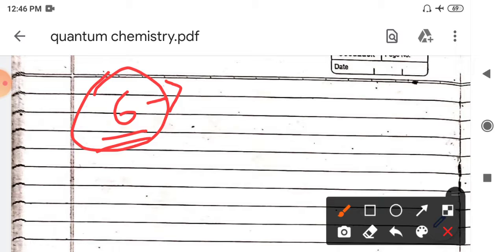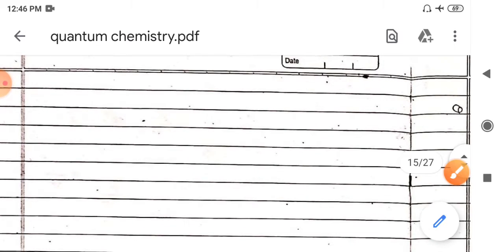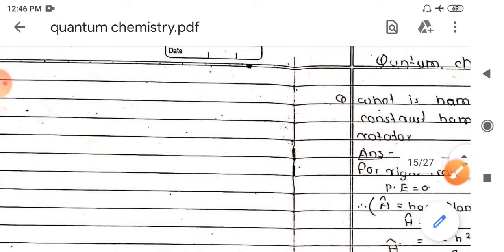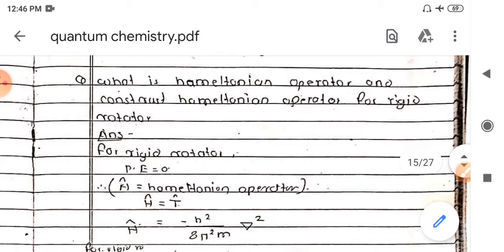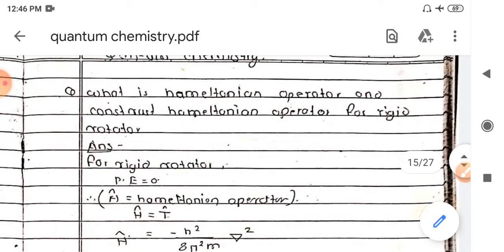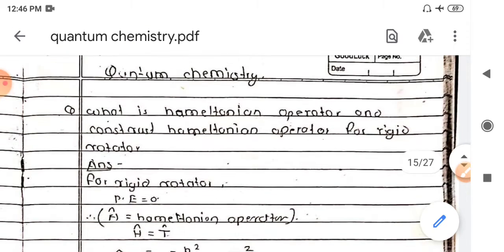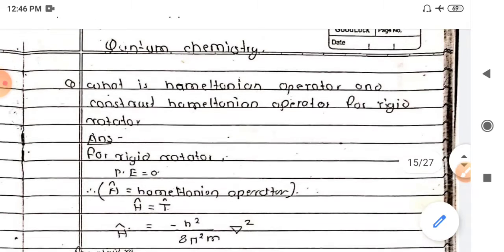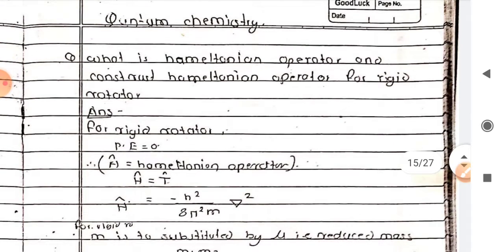In order to reduce the complexity in the derivation, instead of using the Cartesian coordinates, we move to spherical coordinates. There are quite a few derivations, such as how we substitute the value of x and of y, but we are not going into the details of that.